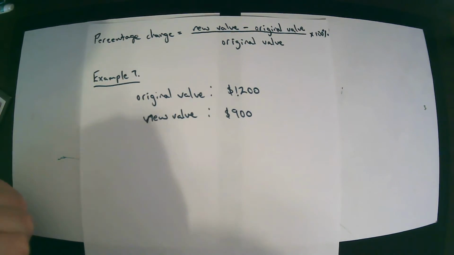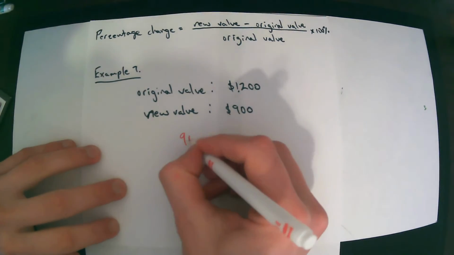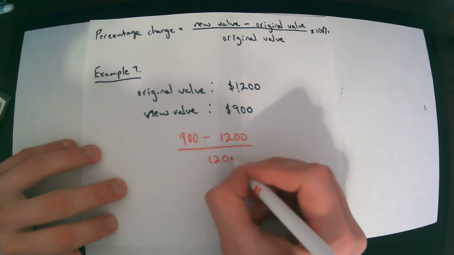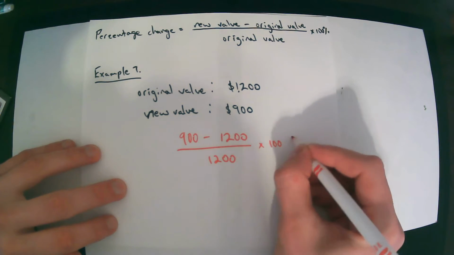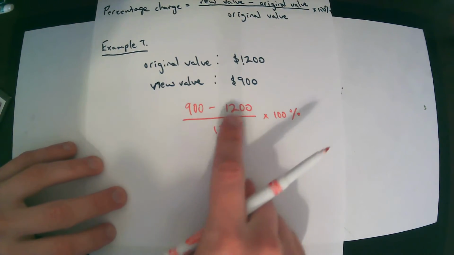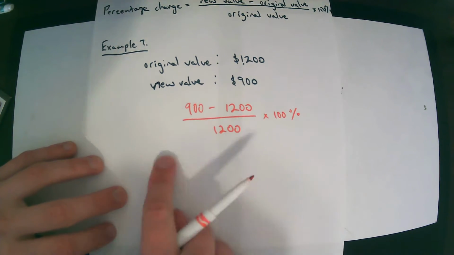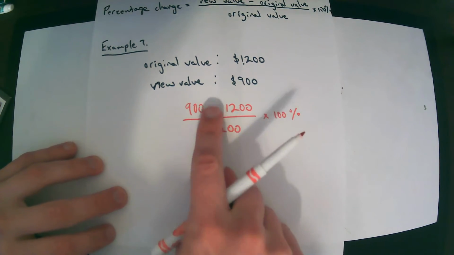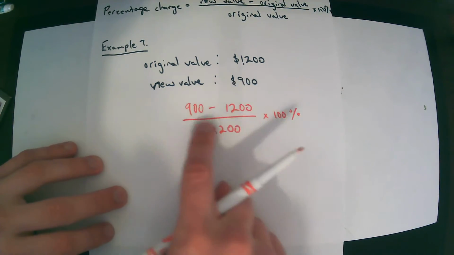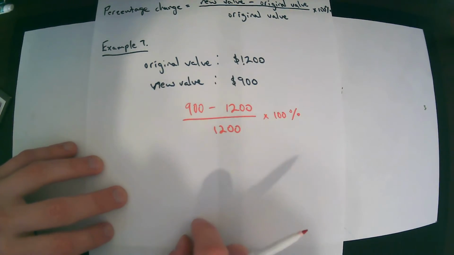Not much more to say there. 900 minus 1,200 divided by 1,200 times 100%. Of course, order of operations tells us to do this subtraction before the division because, technically, I know division comes before subtraction, but this is all grouped up here in the numerator.